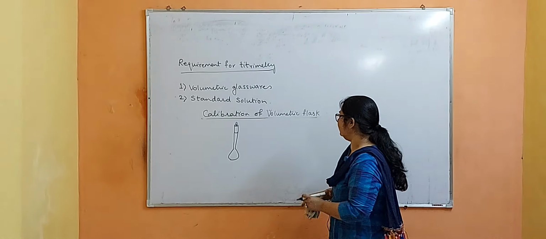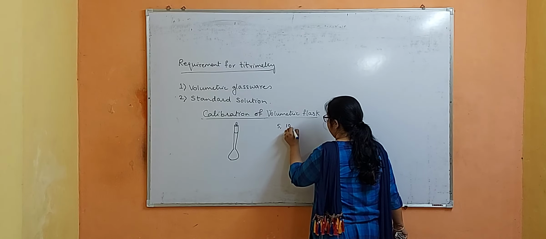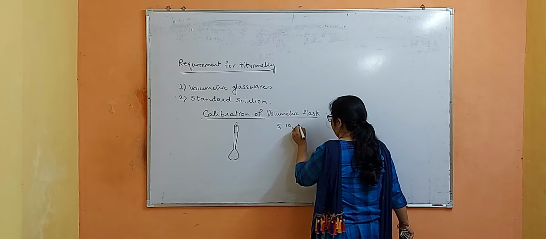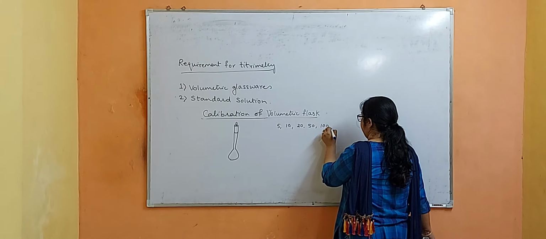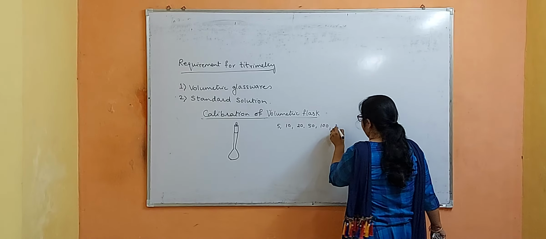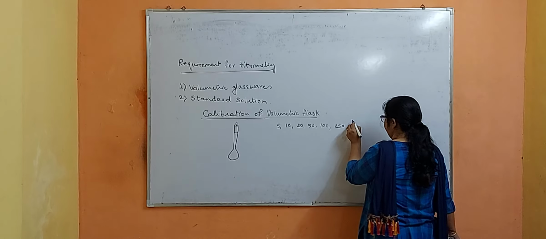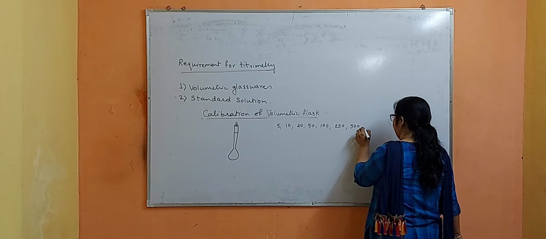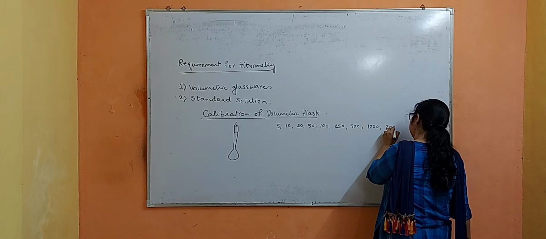Now these volumetric flasks are available in sizes of 5, 10, 20, 50, 100, 250, 500, 1000 and 2000.